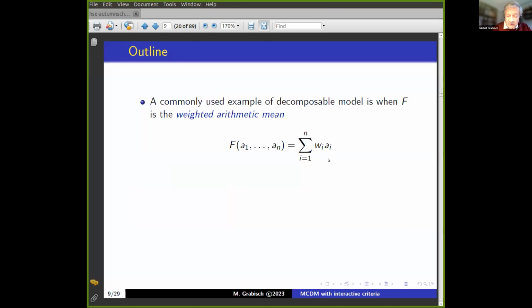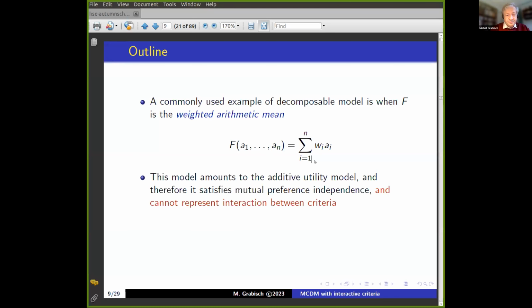In this case, you just put positive weights, summing up to 1, on each attribute. You can consider that the arguments of the function are the scores of some alternative on the different criteria, and you just aggregate these numbers by the arithmetic mean, simply.